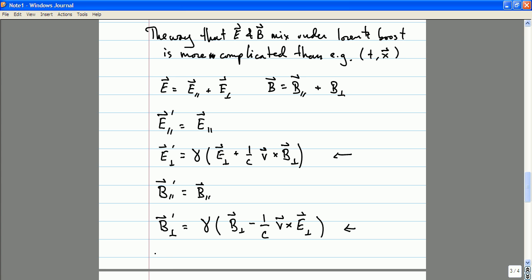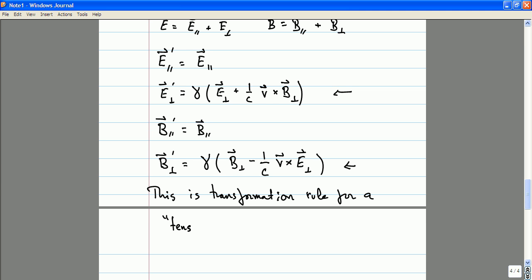But instead, this is the transformation rule for what is known as a tensor. In particular, this is what is known as the transformation law for an antisymmetric 2-tensor. That's some fancy mathematical word that you don't necessarily need to pay too much attention to.